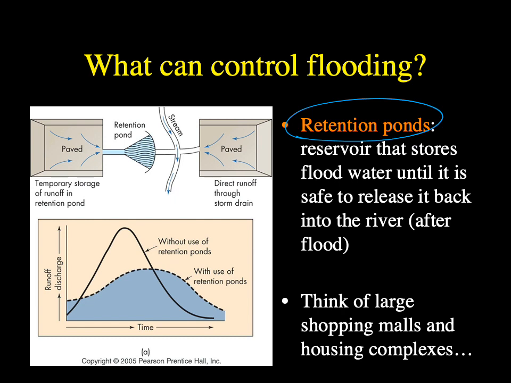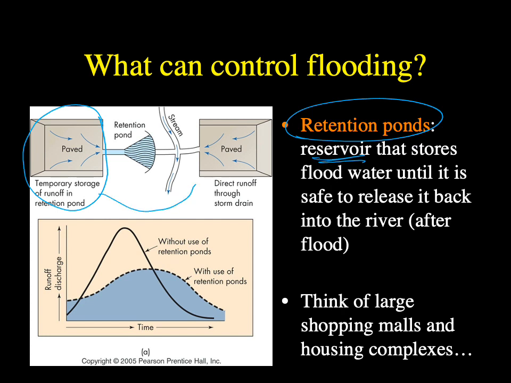Okay, what's a retention pond? It essentially is a reservoir that stores water until you can safely release it back into the nearby river. Near housing developments, shopping malls, strip malls, or big parking lots, there is a lot of impermeable cover, so a lot of water collects on those paved areas.